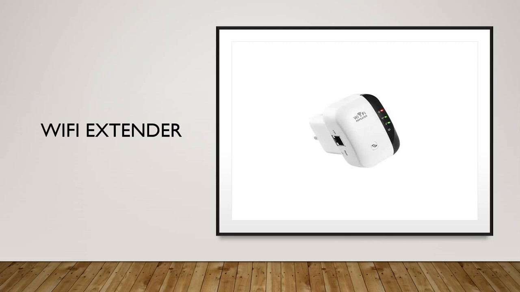Why would you use Raspberry Pi instead of the Wi-Fi extender? Because again, it costs less and also it is multi-purpose. You can use it for extending your Wi-Fi and for other things as well.